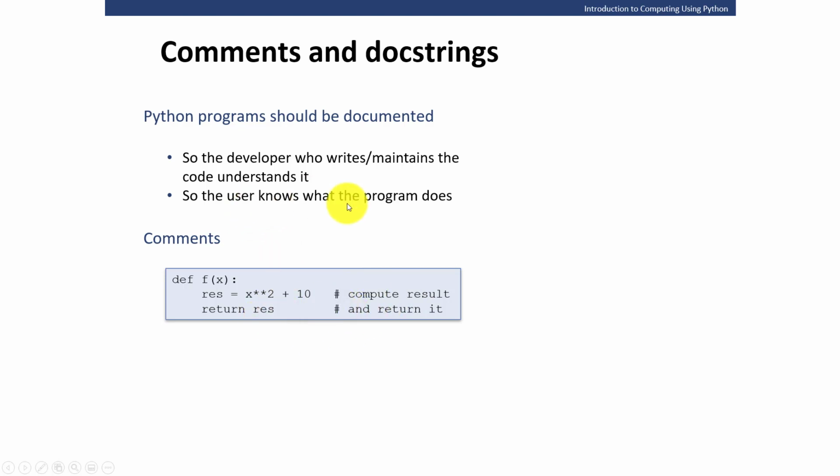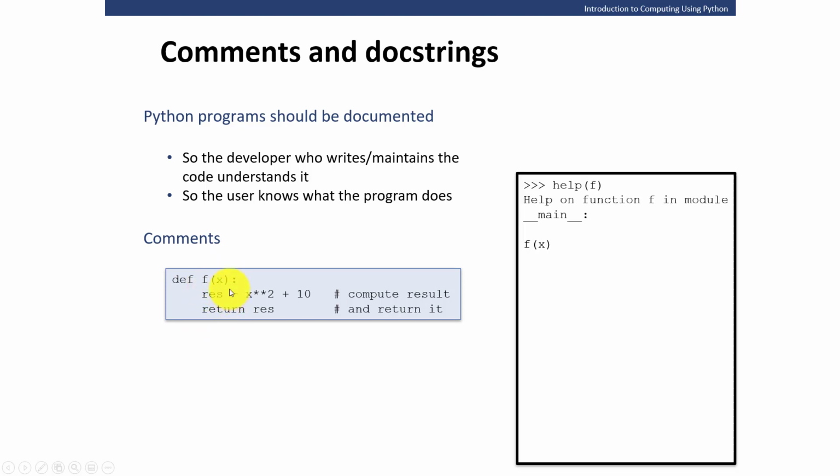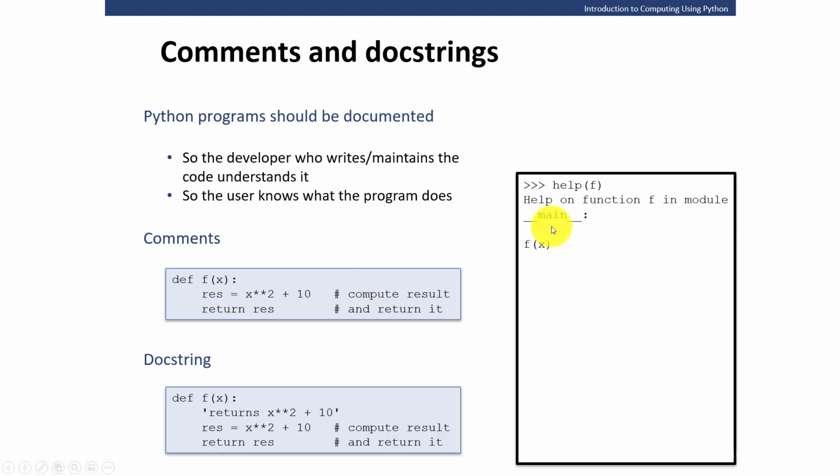The docstring can be used whenever you do help and invoke the function f, or your function, at the console. So if you do help, it doesn't show anything. But if we add a docstring, like for instance, we can add the type contract as well.